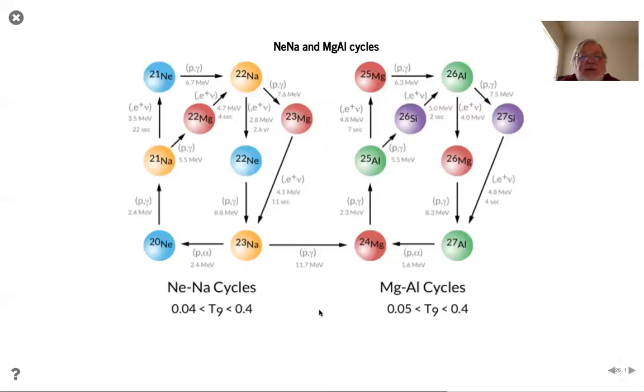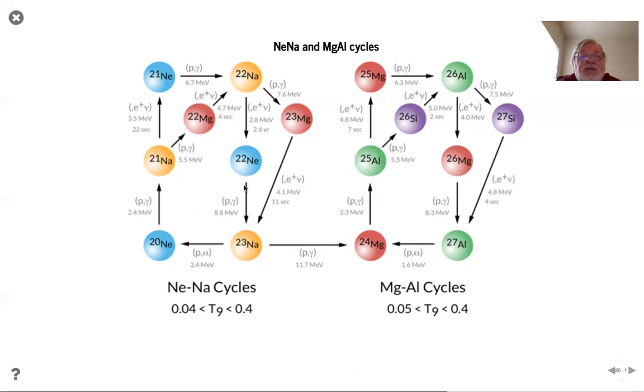Only a few reactions from these cycles may occur in intermediate mass and massive main sequence stars. In particular, the reaction neon 22 (p, gamma) sodium 23 occurs in a convective core during hydrogen burning, just because this reaction has a low energy resonance.